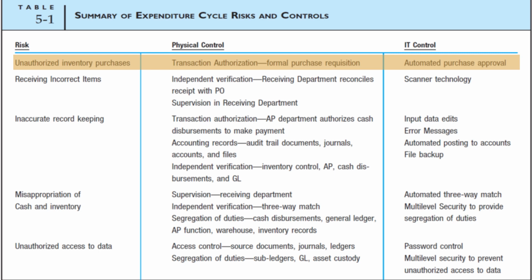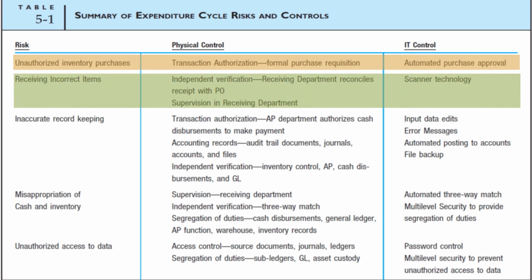And then on the IT control side, we should have automated purchase approval. The system can automatically approve that based on the balance in the inventory, based on those related files, like sales forecasting, as well as the inventory balance.